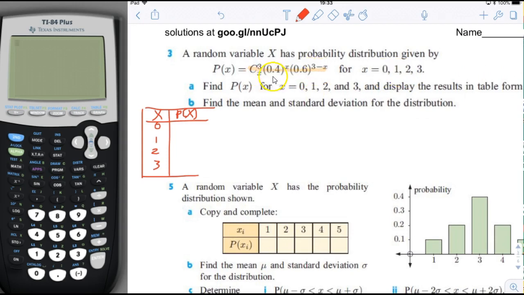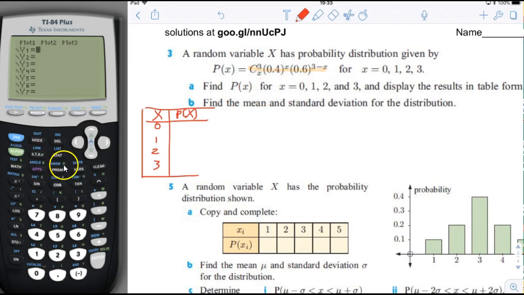Maybe we could do this with a calculator. Since I need to calculate 4 of these values, I'm going to do it using y equals. I'm going to put in this formula, and x is going to vary from 0, 1, 2, and 3 in the table. Let me show you how I'm going to do that.